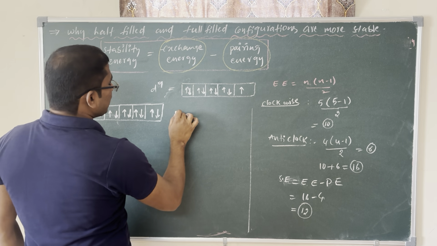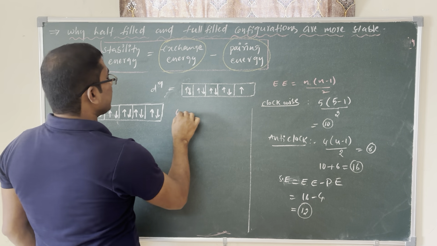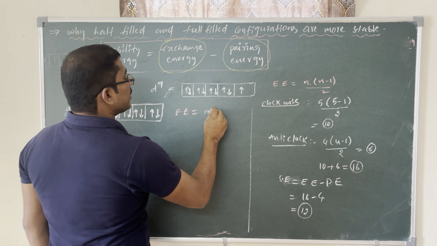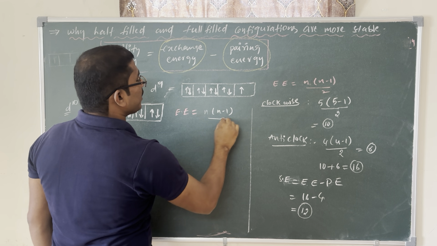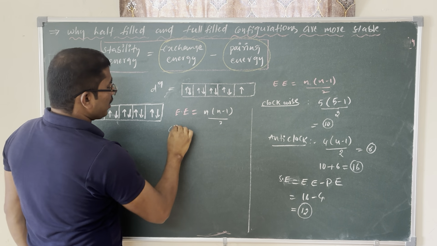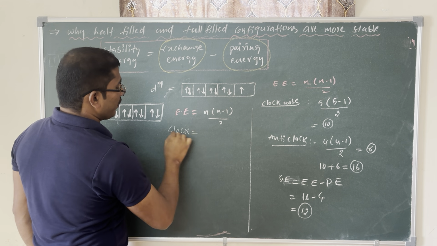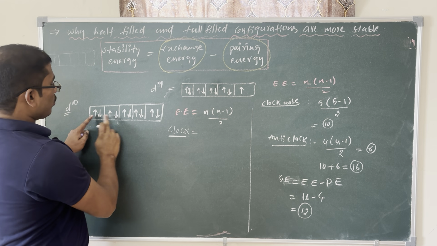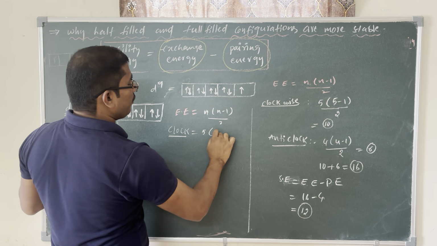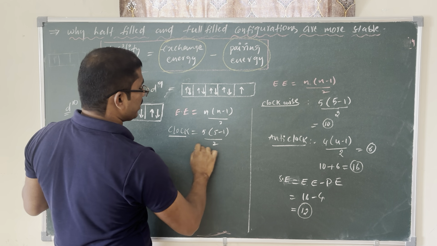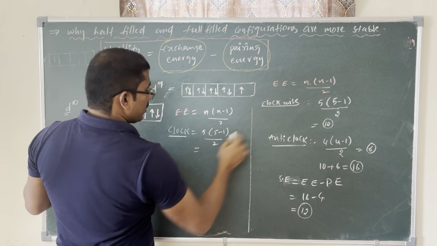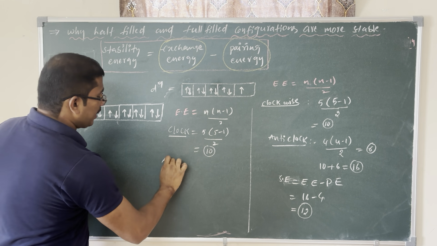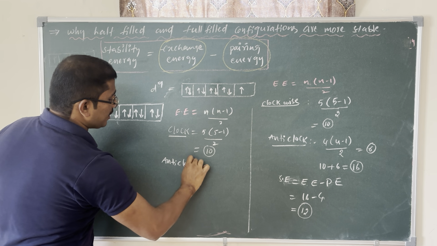Now what is the exchange energy? Exchange energy is equal to n into n minus 1 divided by 2. First I calculate clockwise. Clockwise, total how many electrons are there? 5. 5 into 5 minus 1 by 2, same formula, we get 10.